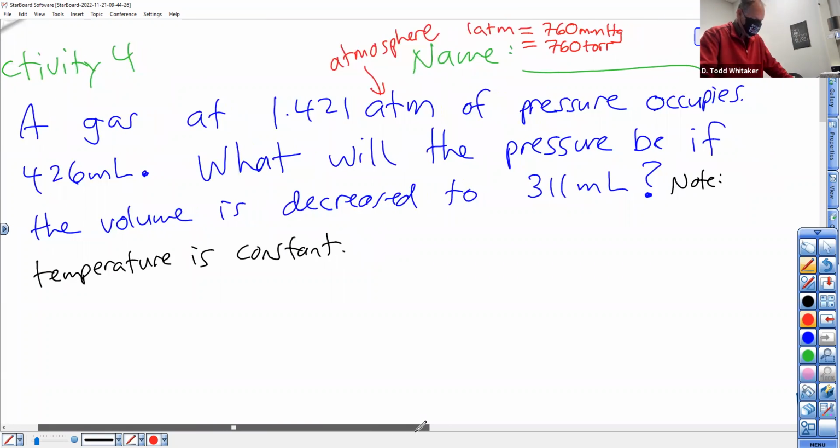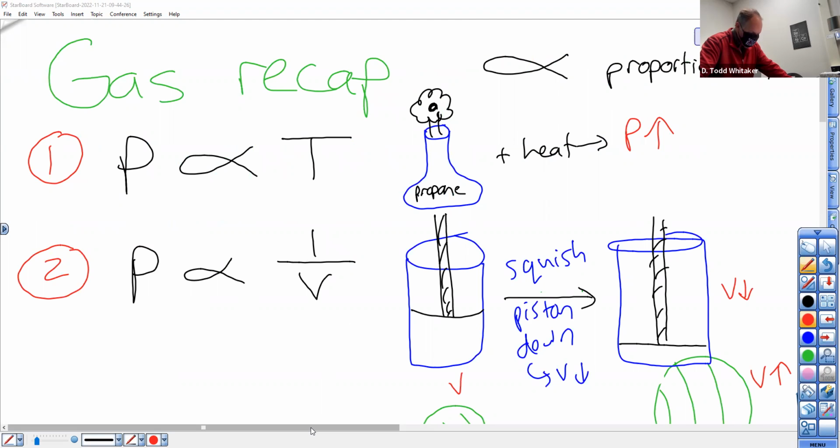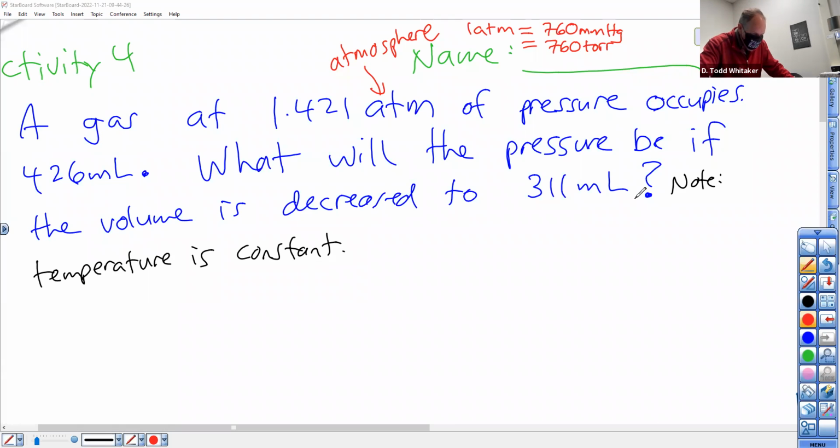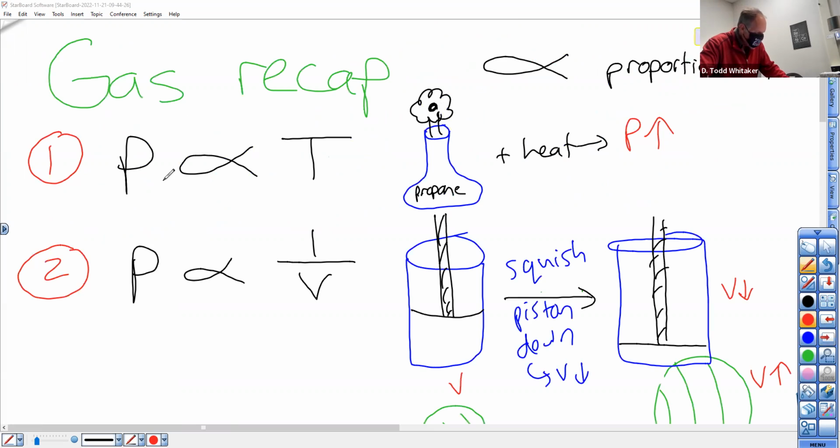We have to find a relationship between pressure and volume when temperature is constant. We had a very astute student say the final answer has to have a greater pressure. He is correct because he remembered what we said earlier, that if the pressure goes up, the temperature goes up.